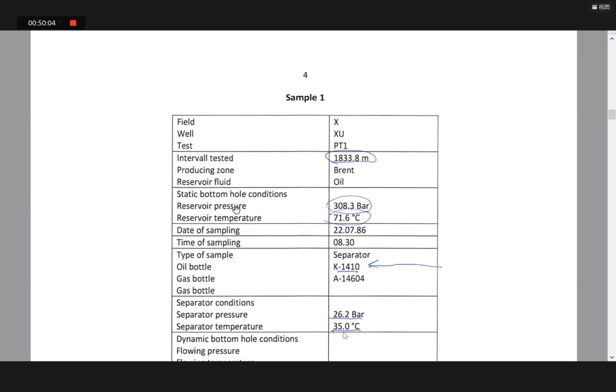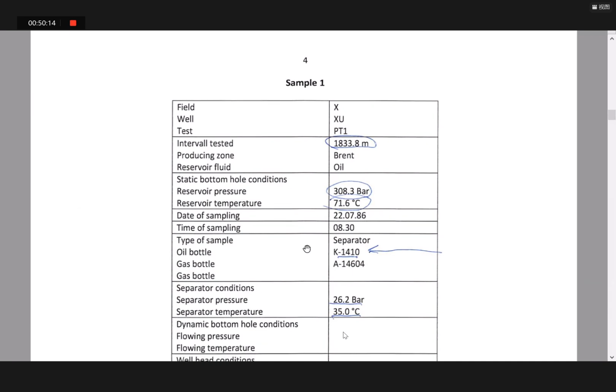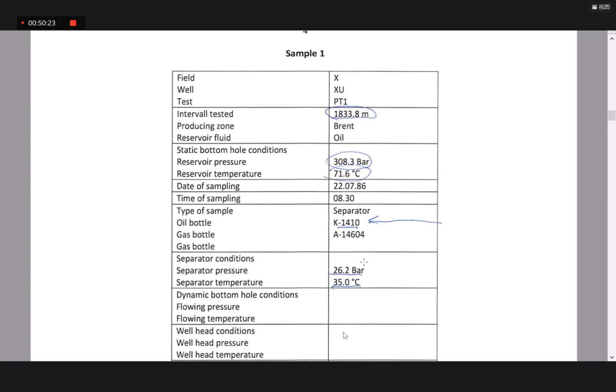Reservoir pressure is 308 bars, and temperature is almost 72 degrees. What we are dealing with in the laboratory is two different bottles, one oil bottle and one gas bottle. There may have been a selection in front of that. They may have received several bottles, but these are the two bottles that they have worked further with.